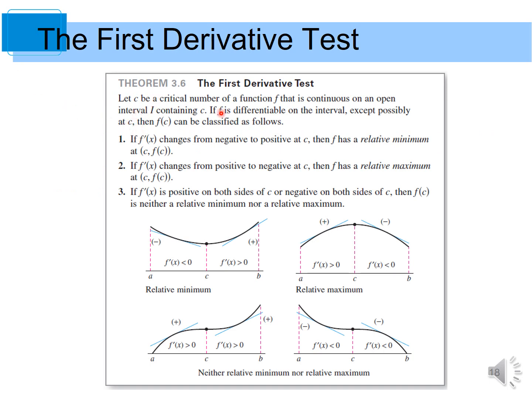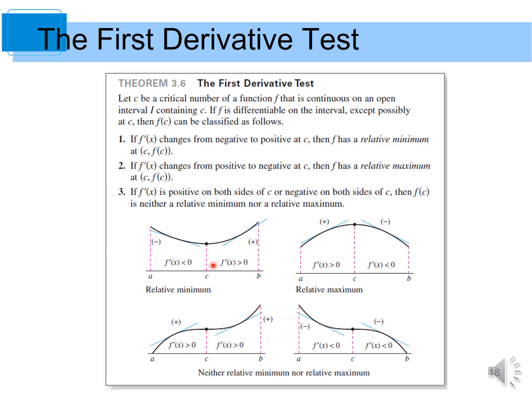Let c be a critical number of a function f that is continuous on an open interval I containing c. Look at the figure here. This point is the point c. If f is differentiable on the interval I, except possibly at c, then f(c) can be classified as follows. First, if f prime of x changes from negative to positive at c, then f has a relative minimum at (c, f(c)).